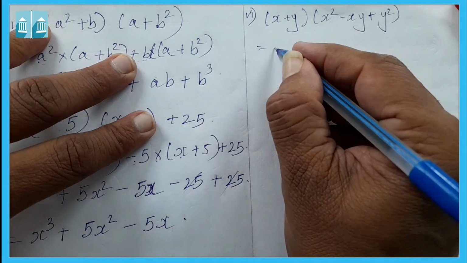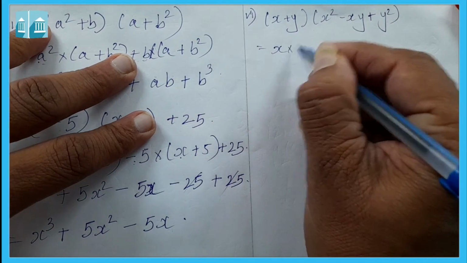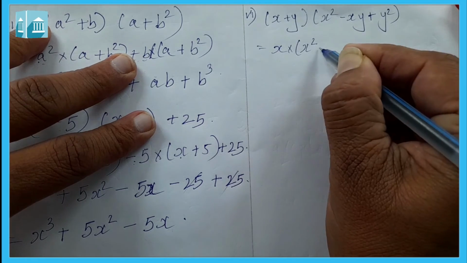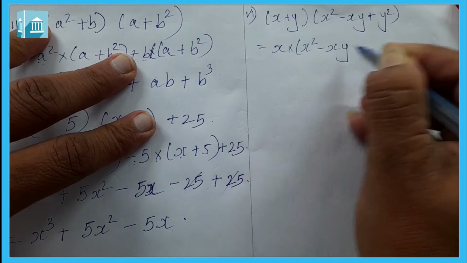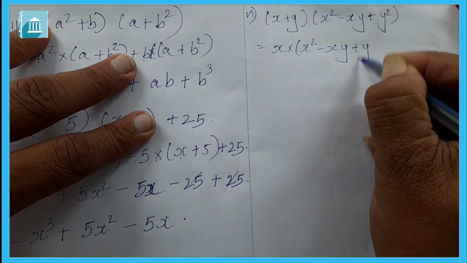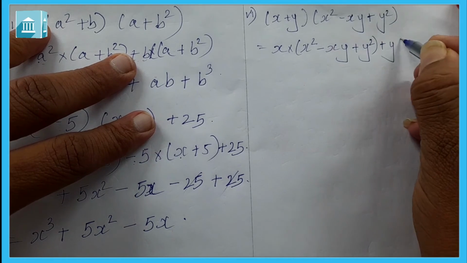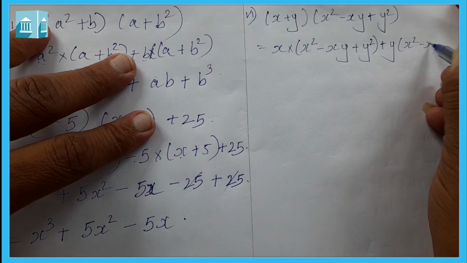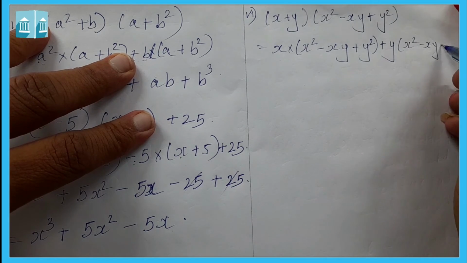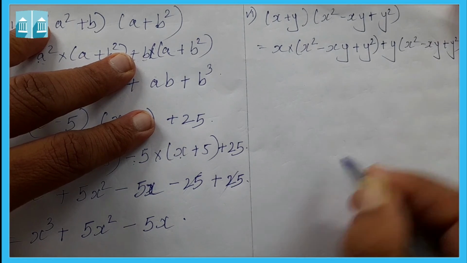Again this also has the same pattern we had done: x into x square minus xy plus y square, plus y into again x square minus xy plus y square.